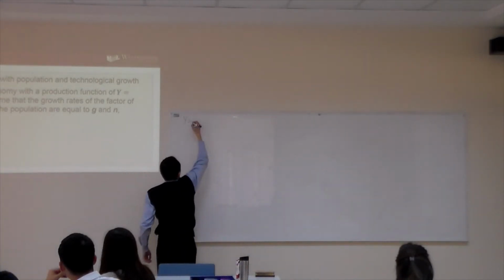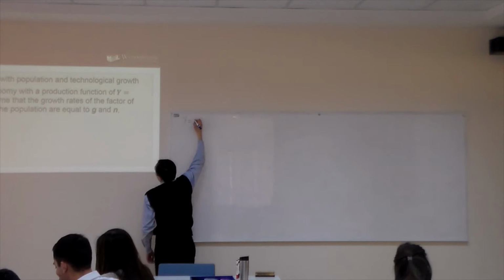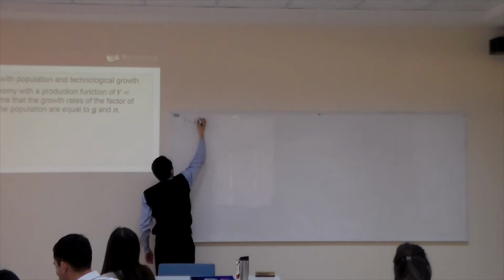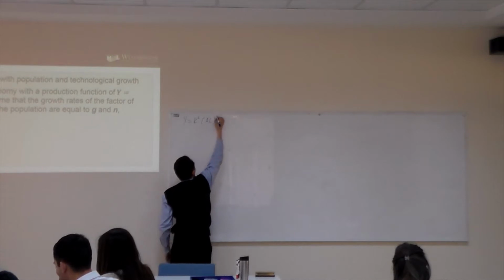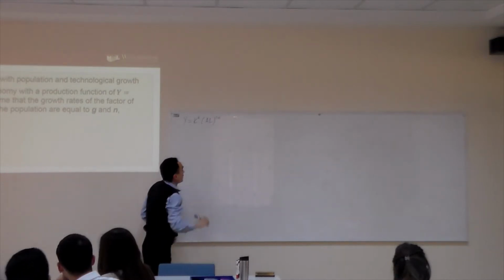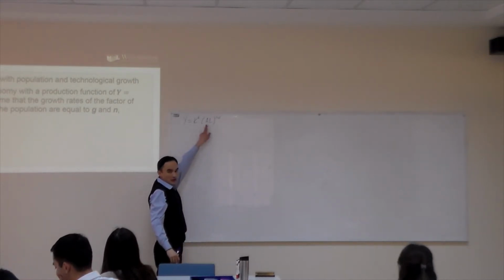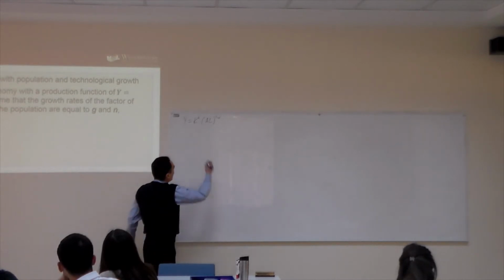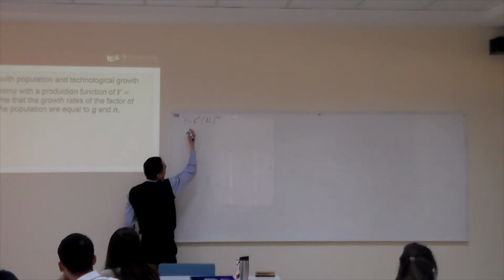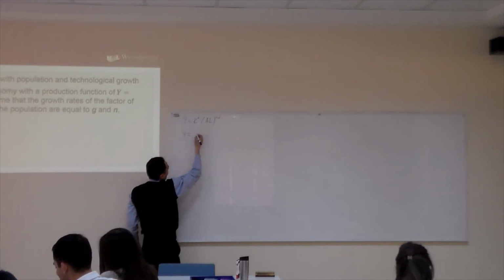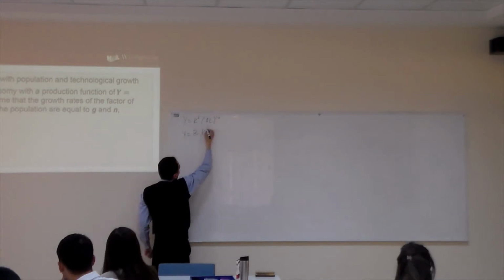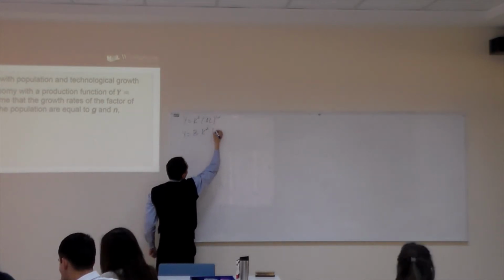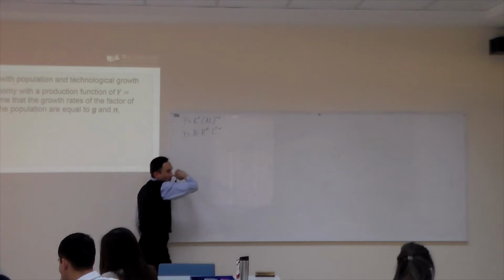Now, output is equal to capital to the power of alpha times effective labor to the power of 1 minus alpha. Where did we get this technology? I showed you in the lecture. The original equation that we used is output equals technology times capital to the power of alpha times labor to the power of 1 minus alpha, right?